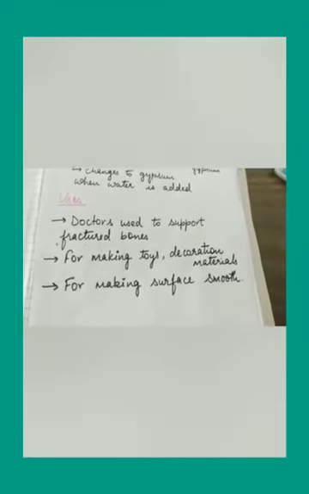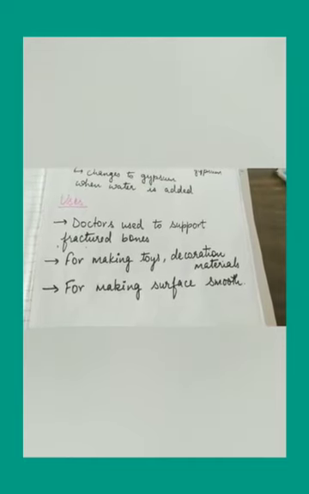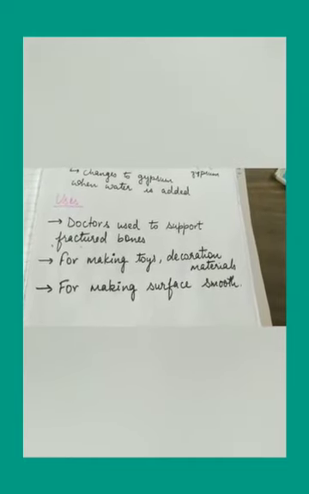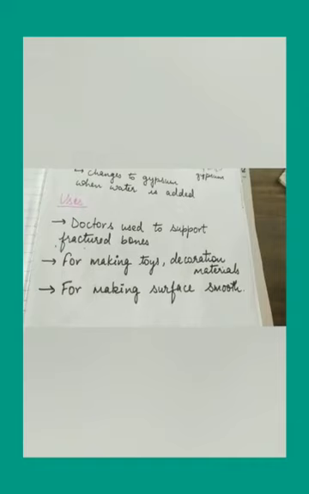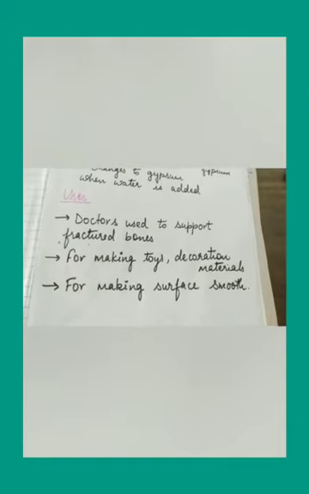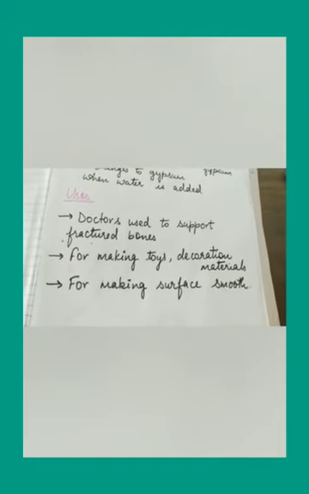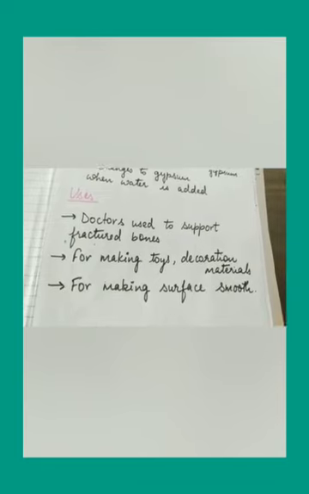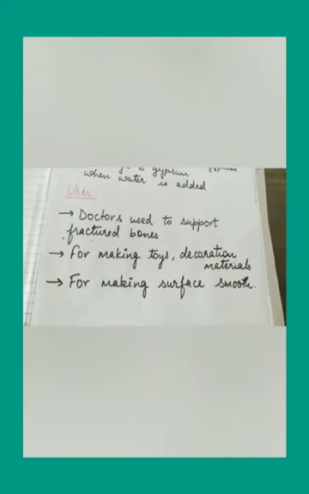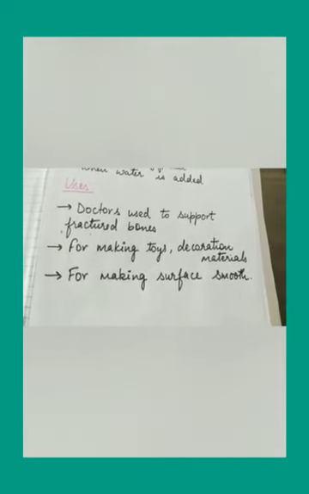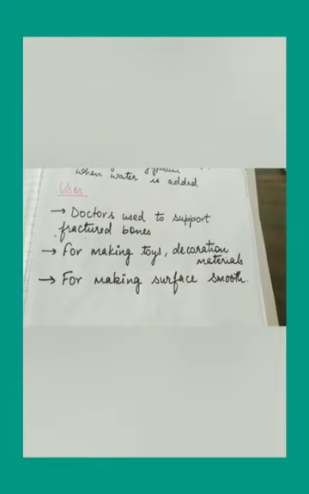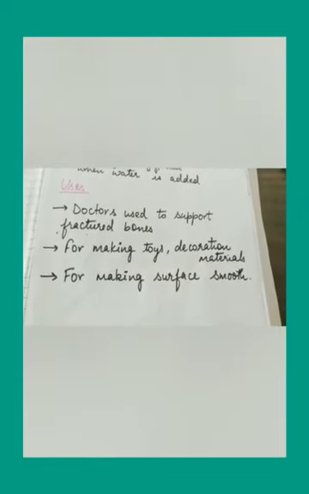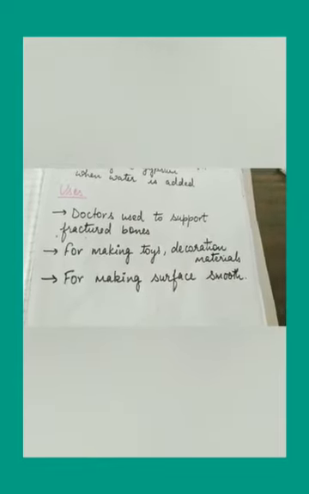Then for making toys and decorating materials, many toys are made up of plaster of Paris, and we decorate our houses also with this plaster of Paris. In the ceiling, we make different designs which are made by this plaster of Paris. And for making a surface smooth, we apply plaster of Paris. It makes the surface smooth, right?